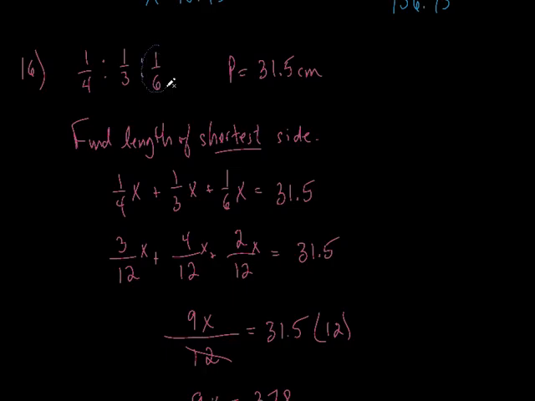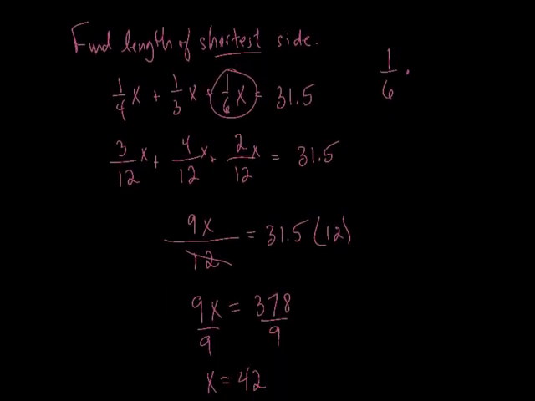Well, the 1/6 is going to give me the smallest one. A lot of people don't see that because they think 6 is bigger than everything else, and it is. But when it's an inverse, this is the smallest. This is the smallest out of these three right here. So I want to find the smallest, or the shortest side. So what is it? It's 1/6 times x, right? That's my shortest side right there.